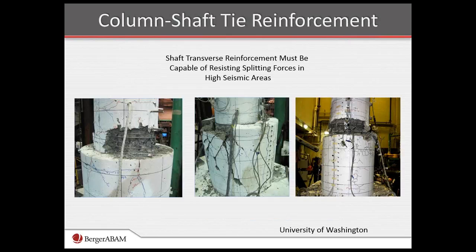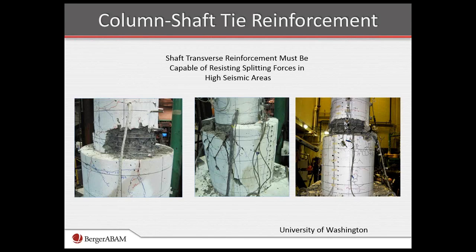We tested 3 of these columns in the laboratory on a 40% scale. We pushed the diameter ratio between the column and the drill shaft, so we've got a kind of a minimum size drill shaft here, and then looked at different confining steel ratios and distributions of steel.